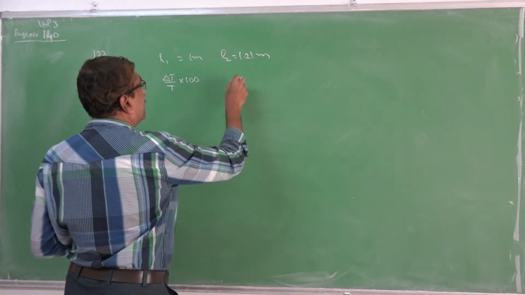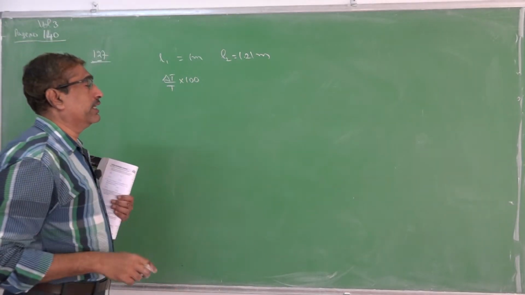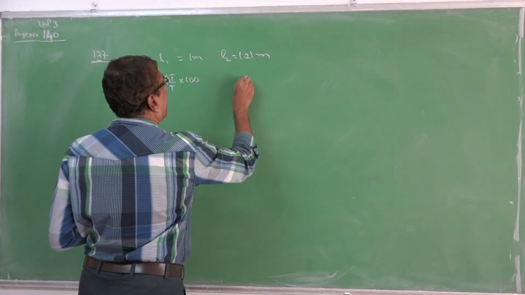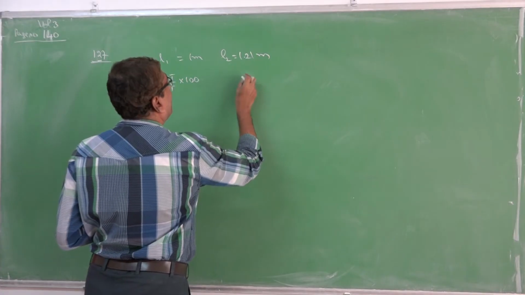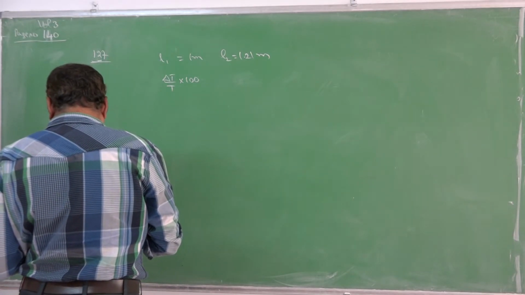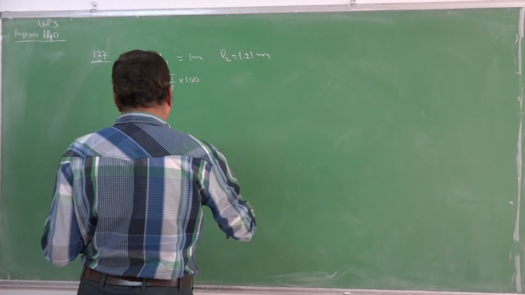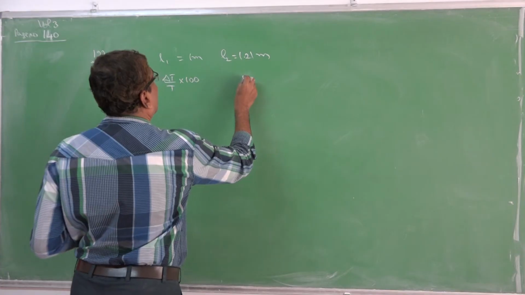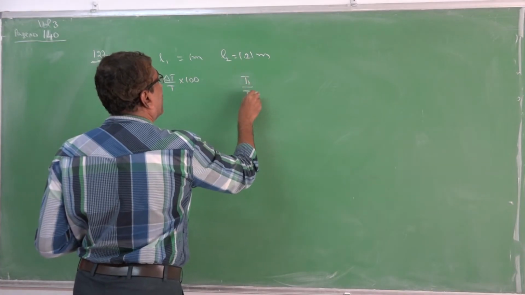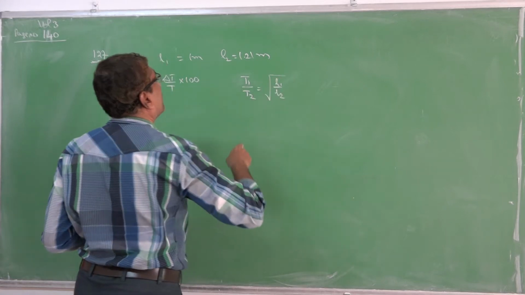Okay, we calculate in this way because we can't directly apply delta, since that works only for small fractions. So in this case we have to write like this. The length of a pendulum changes. So assume that T1 by T2 is equal to square root of L1 by L2.